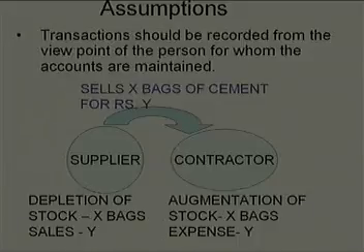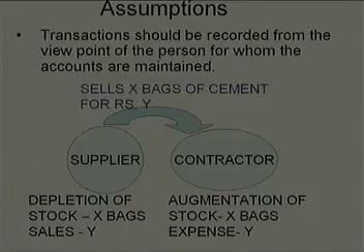Now, if you look at the contractor's account, it will show just the opposite. For example, it will show an increase in stock of X bags, whereas Y would be recorded here as an expense, because Y amount has been spent to acquire X bags of cement.